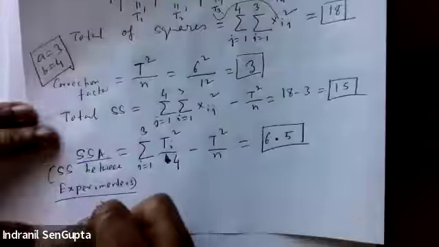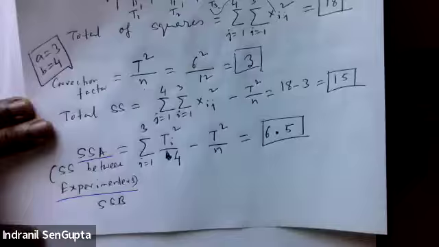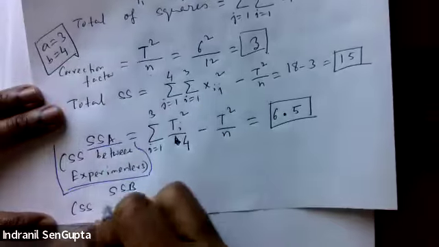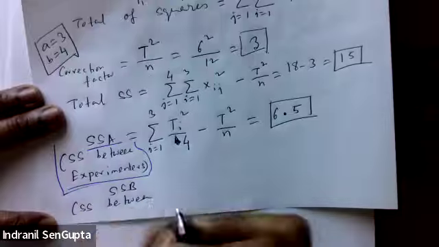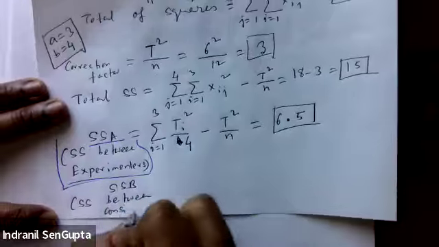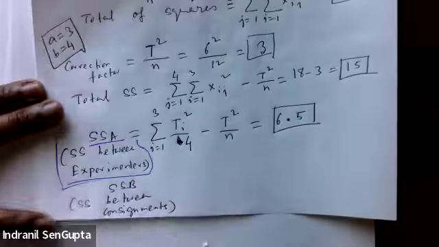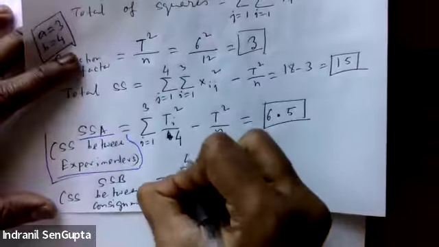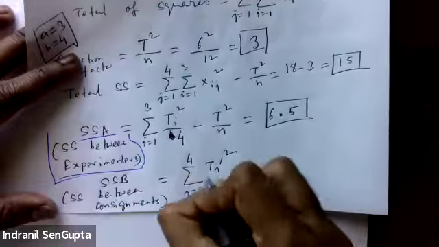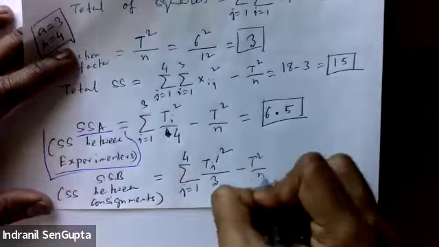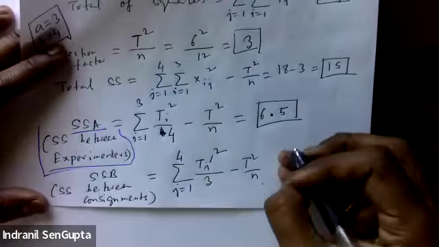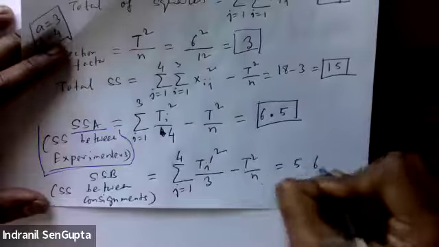Now, similarly, the SSB, which is the sum of squares between the consignments, is given by summation j from 1 to 4 tj prime squared over 3 minus t squared over n. Now all the numbers are given. You can compute this. So this is really 5.67.